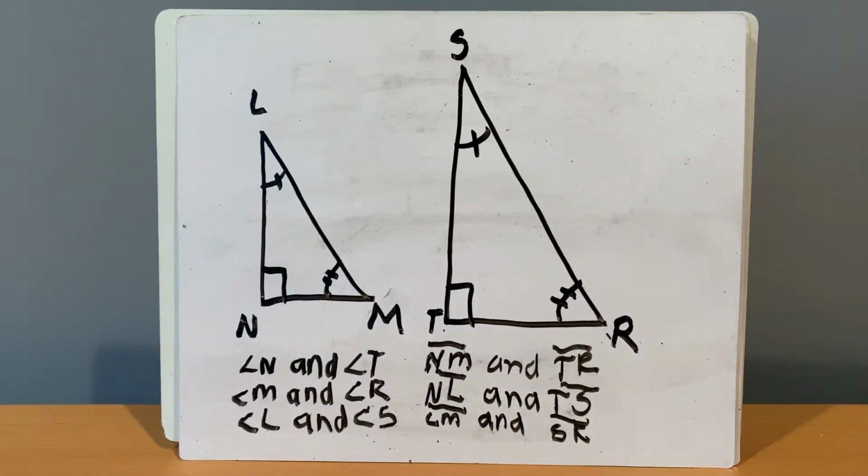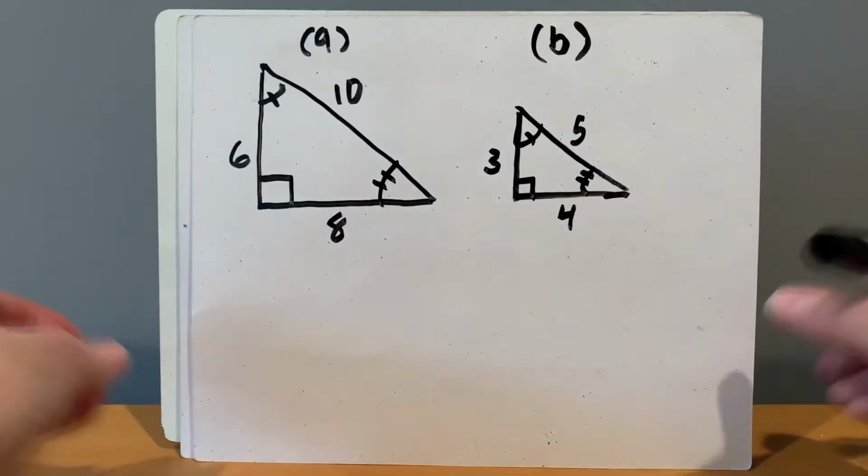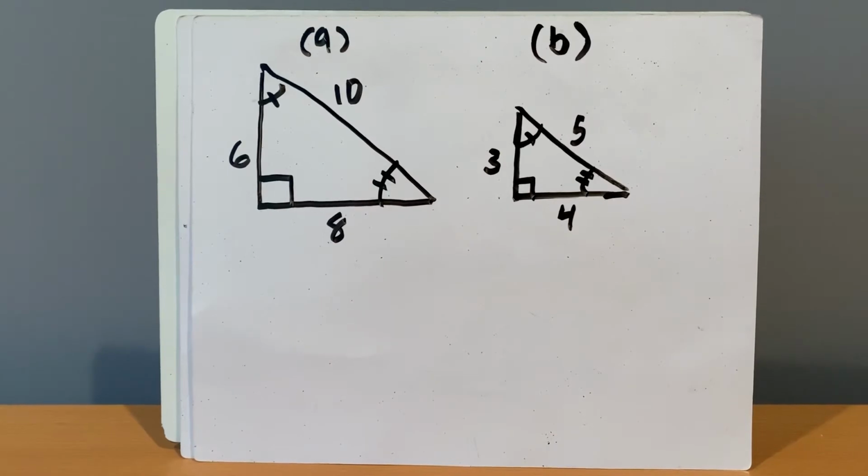The lengths of corresponding sides in similar triangles are proportional. This means that the ratios formed by corresponding sides are equal.